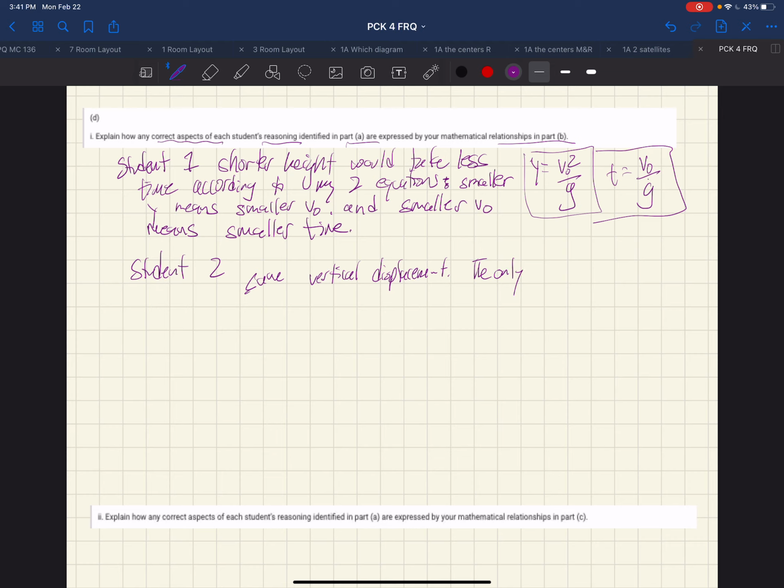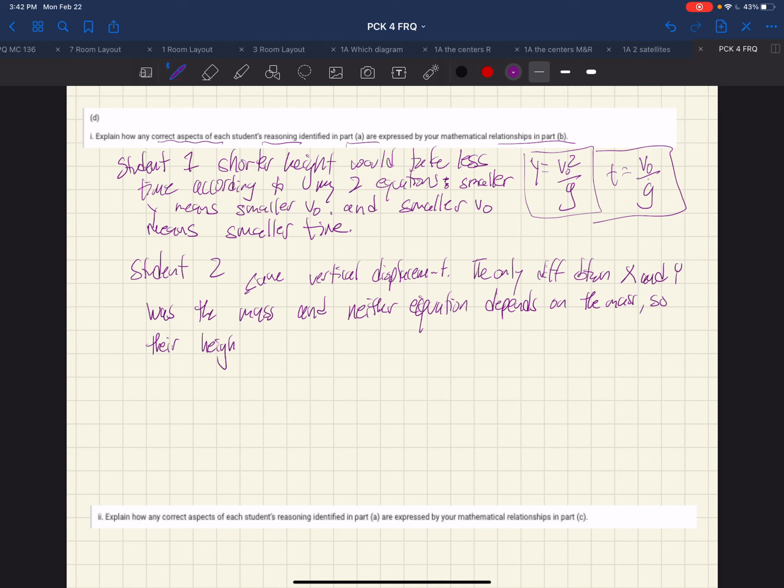The only difference between x and y was the mass. And neither equation depends on the mass. So their heights should be the same.